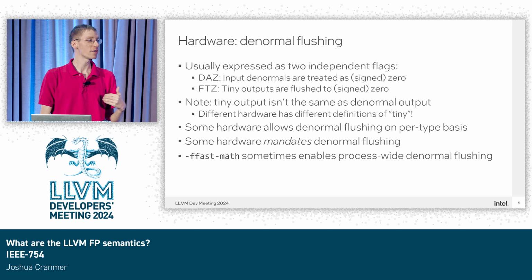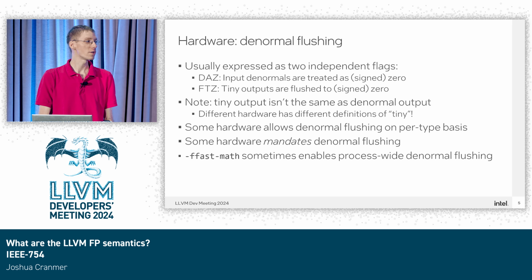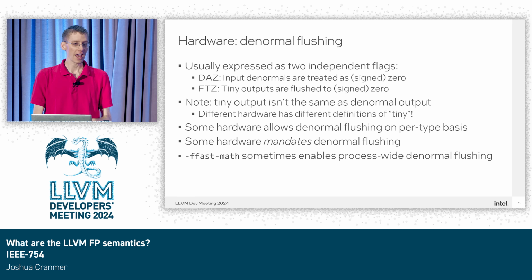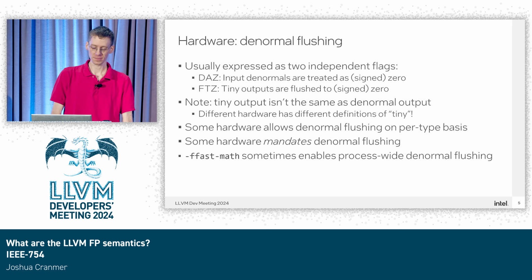Some hardware allows you the ability to set denormal flushing on a per-type basis. You can, for example, choose to only do denormal flushing on 32 bits, while 64 bits does full support for denormals. And there's also some hardware that doesn't give you a choice. You have to do denormal flushing. For example, on x86, if you use AVX512 and bfloat16, that always flushes denormals independent of the denormal bits in the status register.